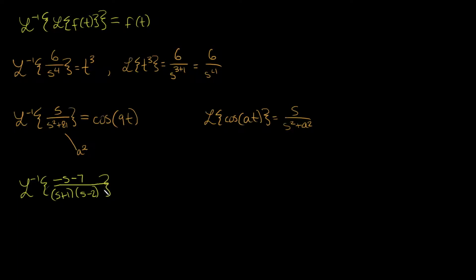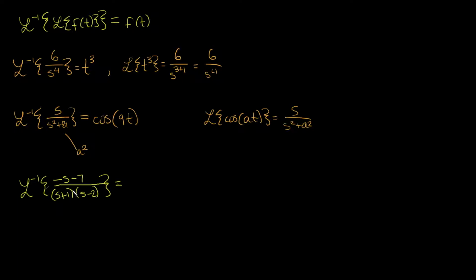If we want to take the inverse Laplace transform of this, we don't really have a method to do this, because we don't have a function whose Laplace transform is specifically something over a multiplication of two rational functions.